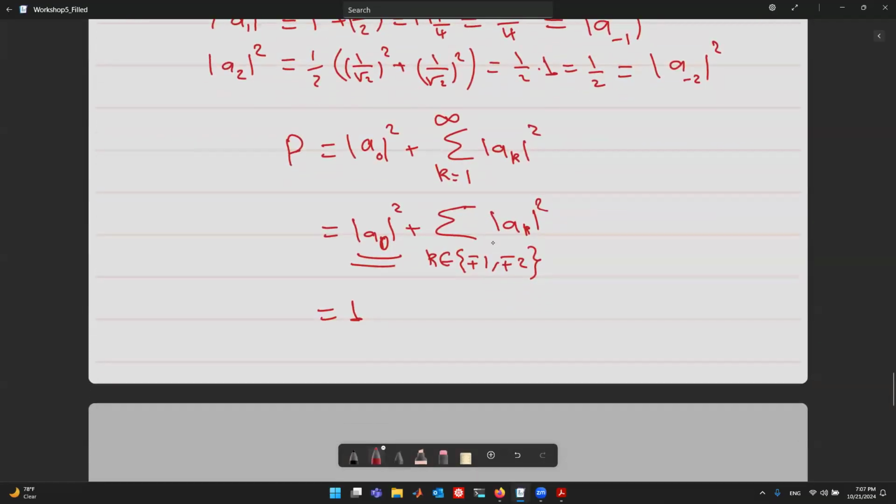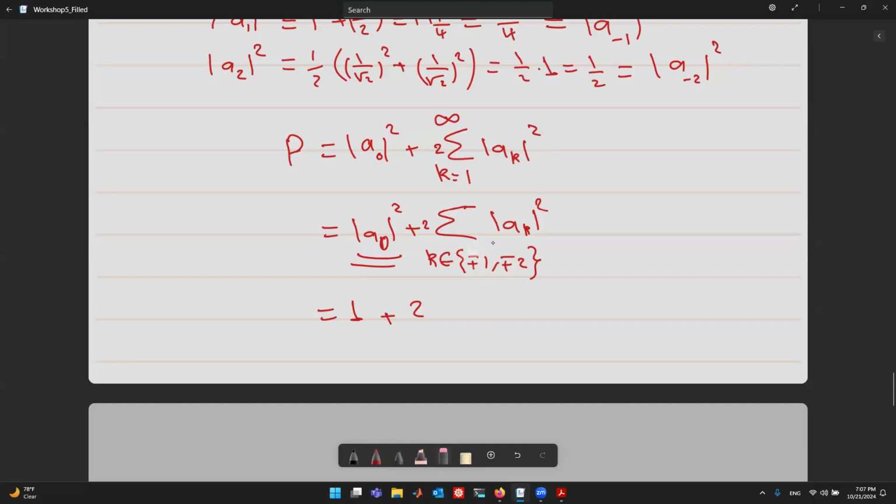Oh, we forgot the 2 here, right? Because we have two terms, and we combine them together. So we have 2 here. So 1 plus 2 times a1 squared.